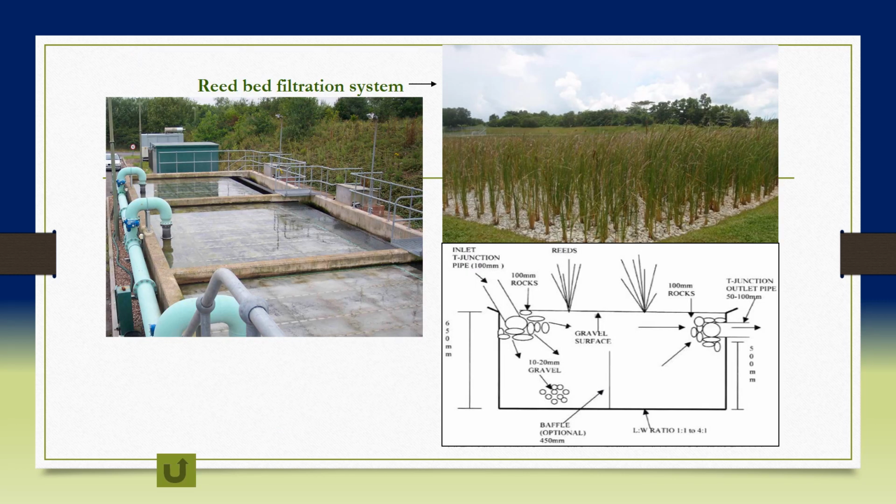Okay, this is the example of the filtration process, which is using the reed bed filtration system process. So there is reed and rock as a filter media. So the water will come to this pipe, and then the smallest particles can be passed through this rock.